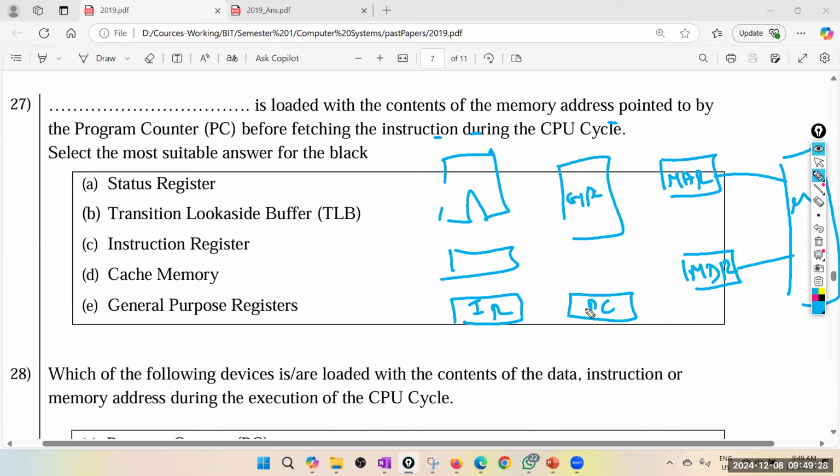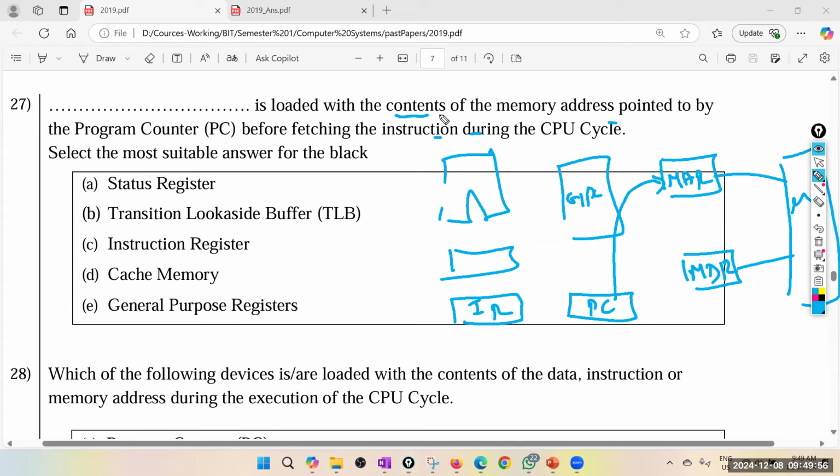Before fetching is after execution, so the program counter now has the address of the next instruction, because after decoding the program counter is already updated. So it is loaded with the content of the memory address pointed to by the program counter. So this will be loaded to this address.